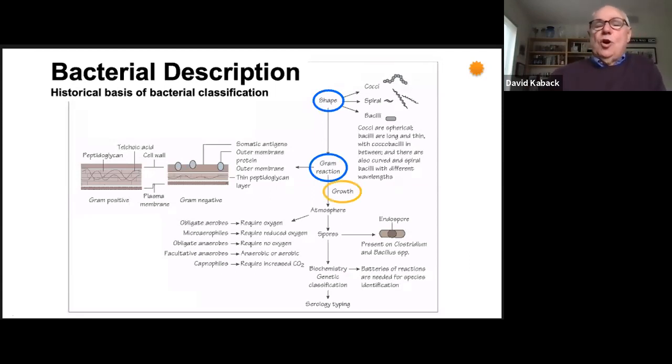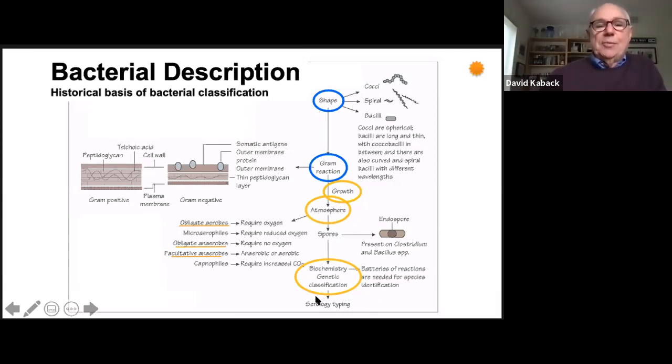We'll culture that bacteria, plate it out on a blood agar plate, a chocolate agar plate, or a MacConkey's plate, and we'll learn whether it requires or doesn't require, or is killed by, the atmosphere, whether it's an obligate anaerobe or an obligate aerobe. You'll also hear about facultative anaerobes, which means they can grow both with and without atmospheric oxygen.